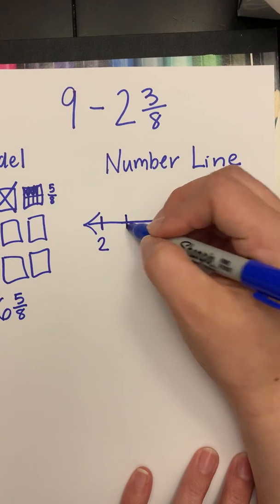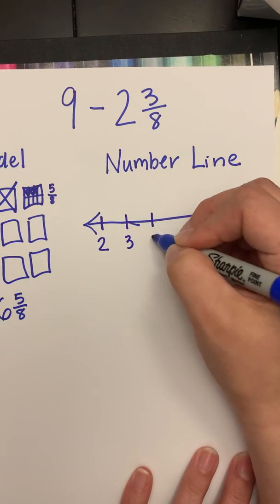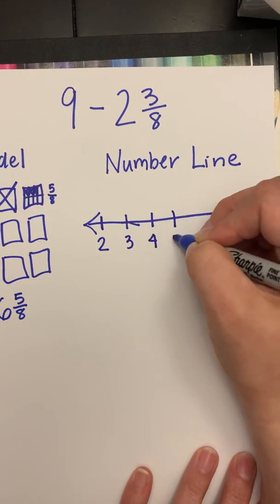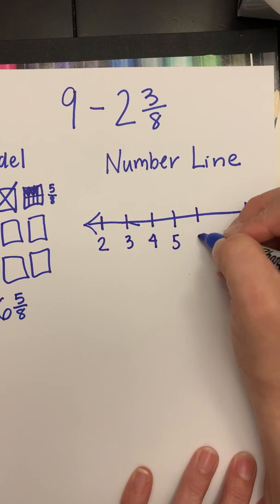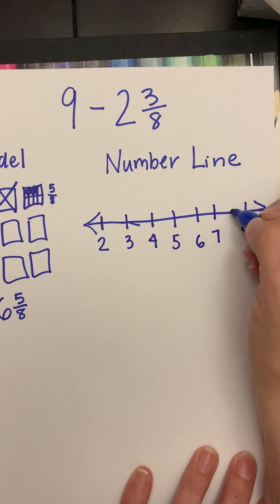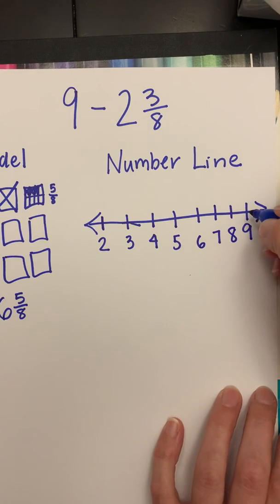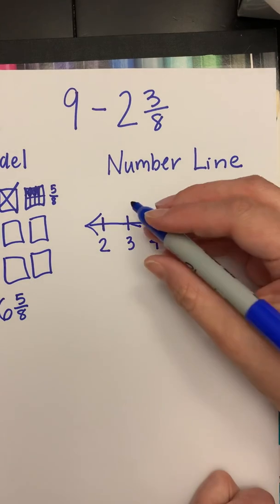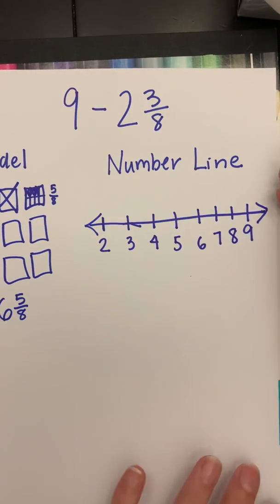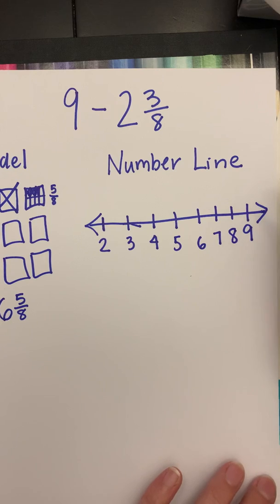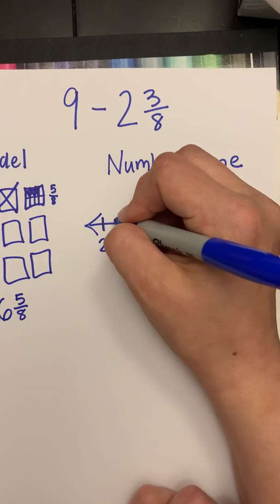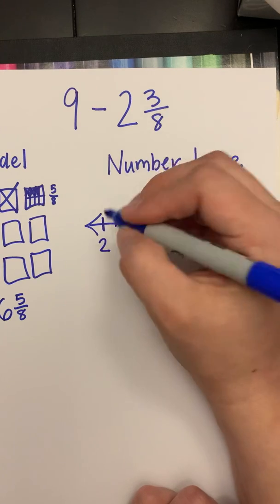So in between there, we have 3 wholes, 4 wholes, 5 wholes, 6 wholes, 7 wholes, and 8 wholes. So we're starting at 9, and then we're subtracting 2 3/8 from 9. There's lots of different ways you can think about this, but the easiest way is to map out where 2 3/8 would go.